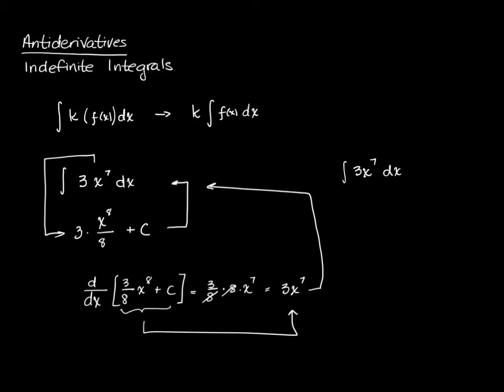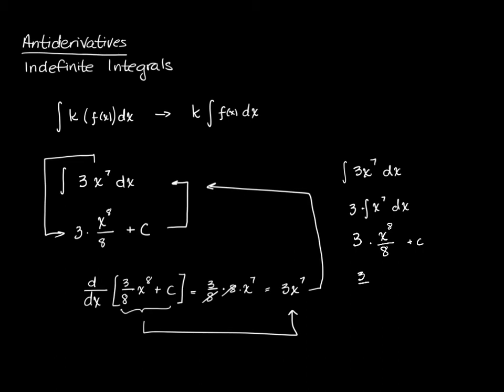Now I'm going to do this problem again, but this time by pulling a 3 out in front and rewriting the integral like this. This is just a product of 3 and the integral of x to the 7th. Well, we know that x to the 7th has an integral of x to the 7 plus 1 divided by 7 plus 1 plus c.